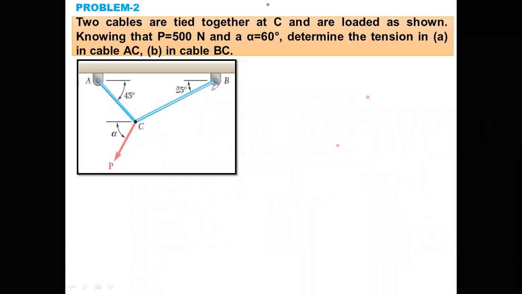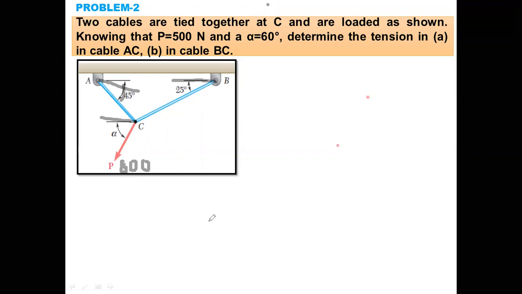The cable BC is making an angle 25 degree with respect to horizontal, and the cable AC is making an angle 45 degree with respect to horizontal, and there is one more force, P, which has a magnitude of 500 Newton and is making an angle alpha with respect to horizontal from the point C. So determine the tension in cable AC and BC.